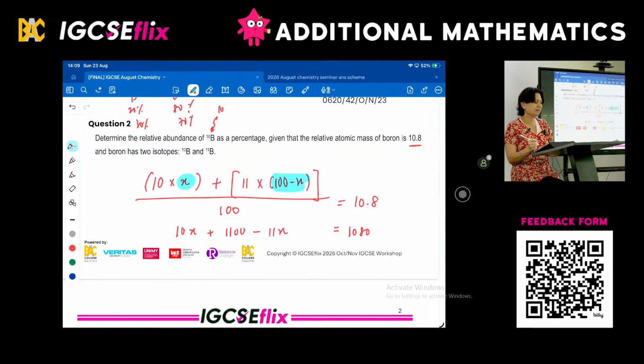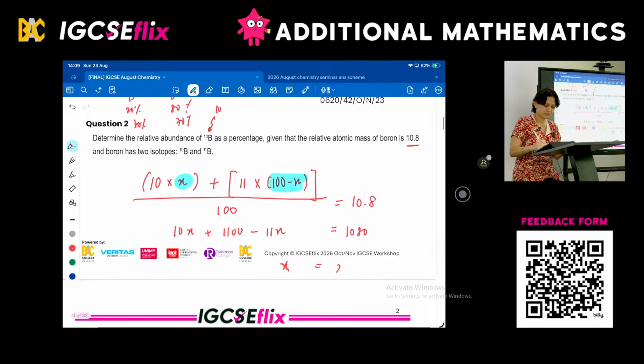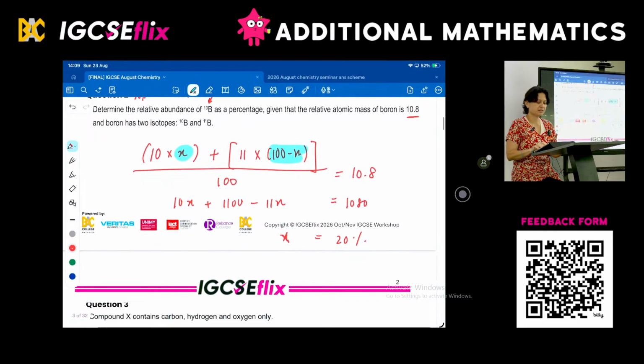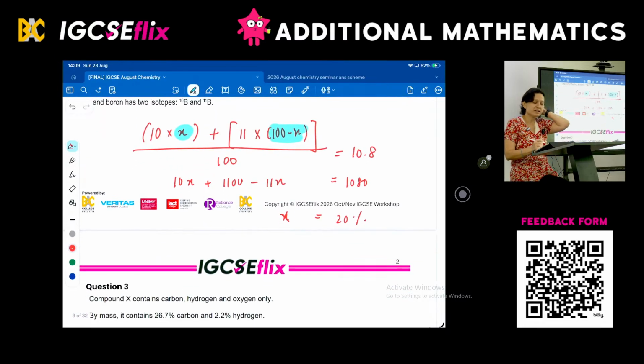Do you know what I'm doing? It's just algebra, okay? So X equals 20%. Do you understand? The most important part of this is the 100 minus X.